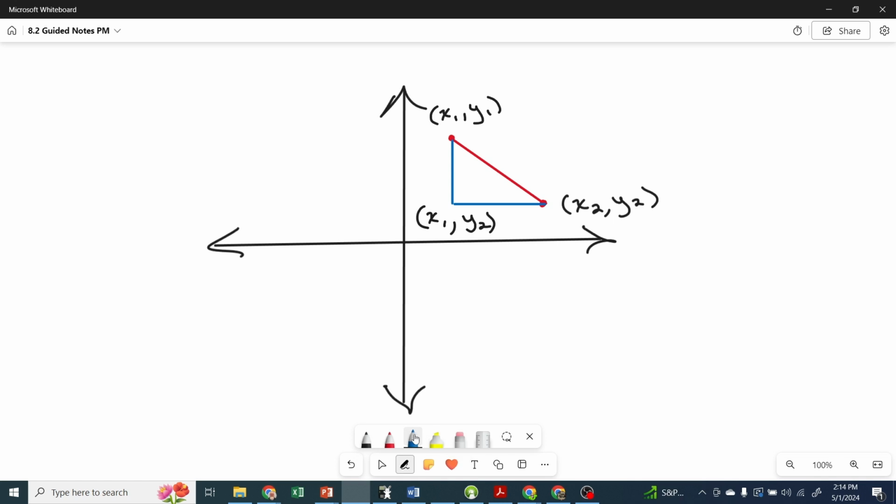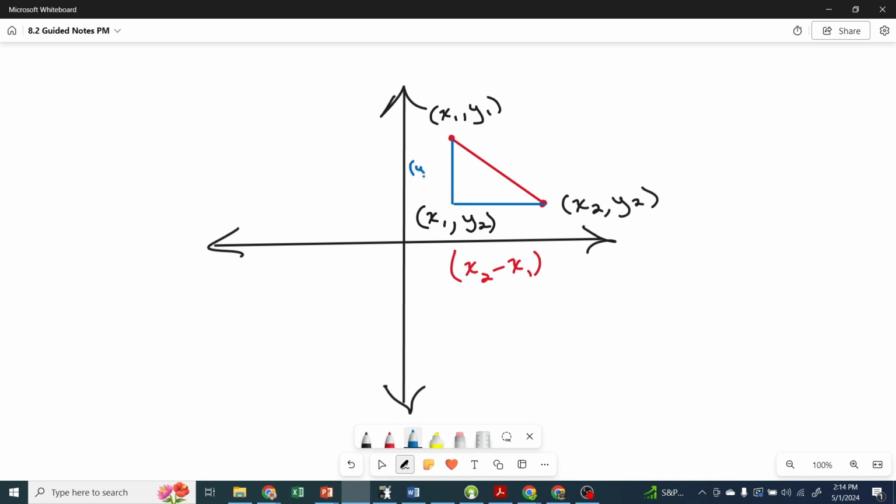So if I wanted to calculate this distance here, right, I would take and say, well, x sub 2 minus x sub 1. All right. If I were to do it over here, I would look at the y values because it's the changes in y.